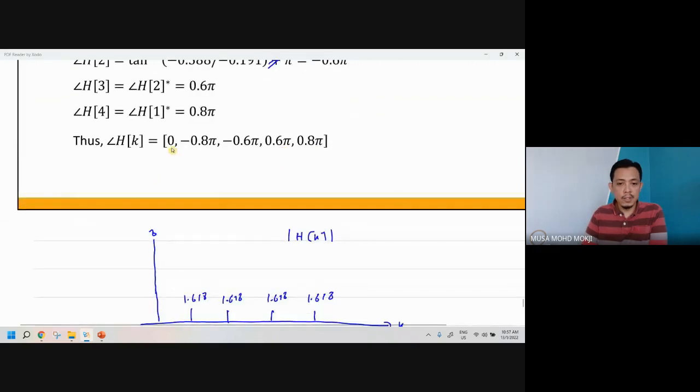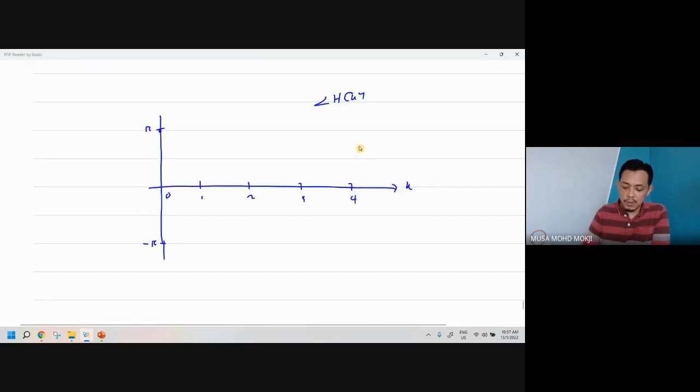So the first one is 0 and then minus 0.8, minus 0.6. So let's say this is minus 0.8 pi, minus 0.6 pi. And of course, this one will be somewhere here and then somewhere here. So this is 0.6 pi, this is 0.8 pi.